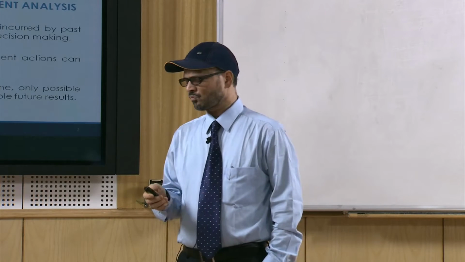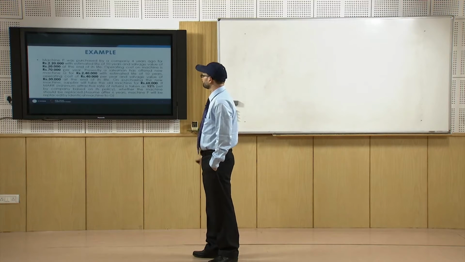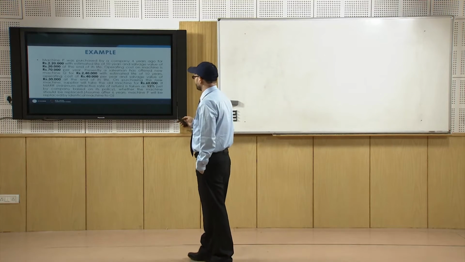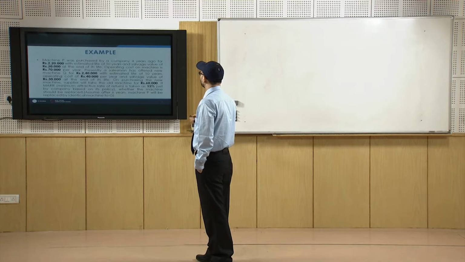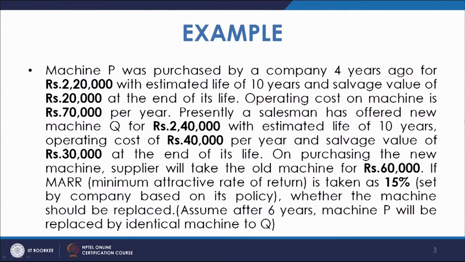Let us discuss a case where there is a machine P which was purchased by a company 4 years ago for rupees 2,22,000 with an estimated life of 10 years.